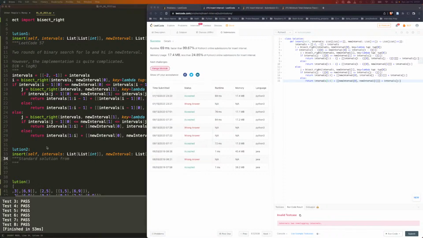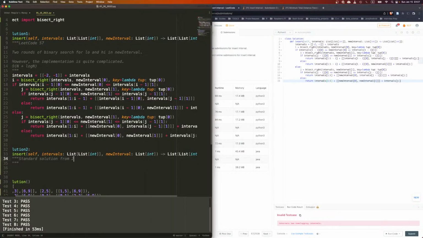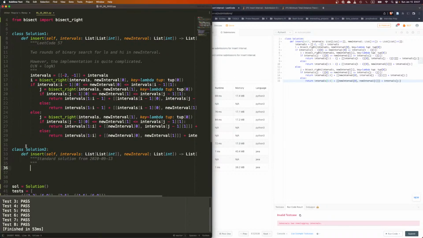Left equals, for each interval in intervals, if interval 1 is smaller than new 0.